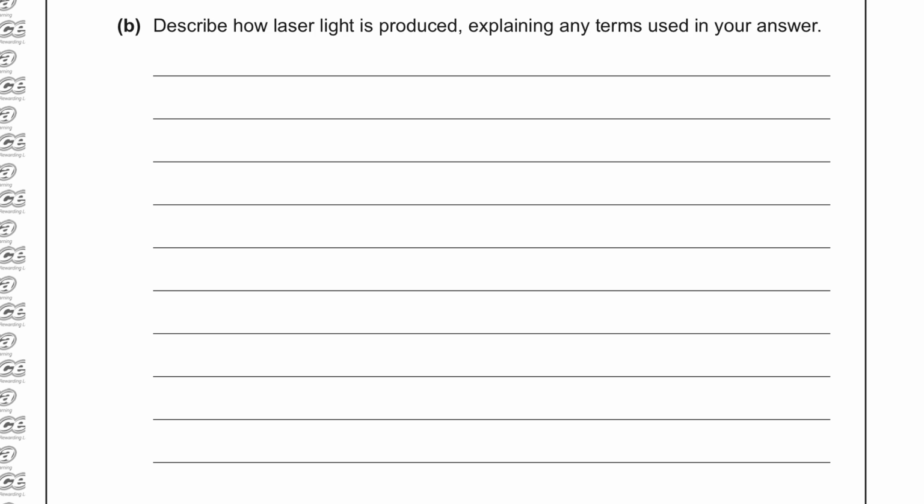You eventually get more in the metastable state than are in the ground state, and we call that population inversion. Eventually you get some kind of emission. Then you get stimulated emission, because the photon has the same frequency as the ones that are currently sitting in the metastable state. And then you get a lot more stimulated emission as the wave travels up and down.